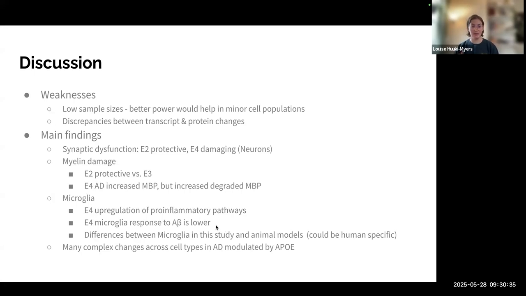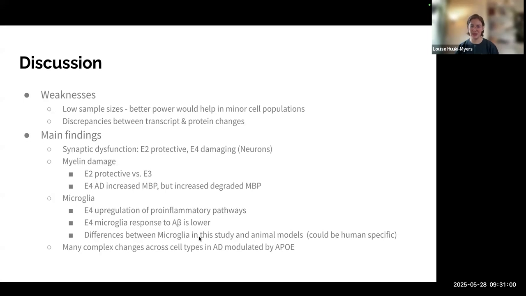The differences in the microglia in this study did differ from studies with animal models, but they note that this is probably real, just because these are human microglia versus mouse microglia. Obviously the mouse models of any brain disorders are pretty tricky.